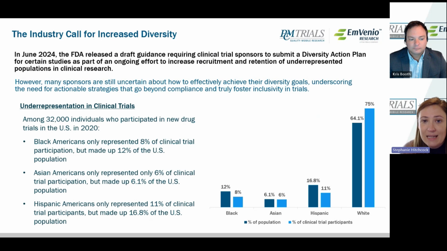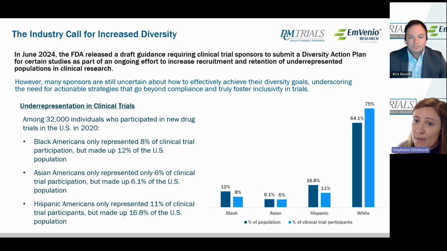As you can see in this graphic here, there has historically been an underrepresentation in clinical trials. This graph highlights among 32,000 individuals who participated in new drug trials in the United States in 2020. The dark blue is the percent of the population by ethnic group, whereas that lighter blue is the percentage of clinical trial participants.